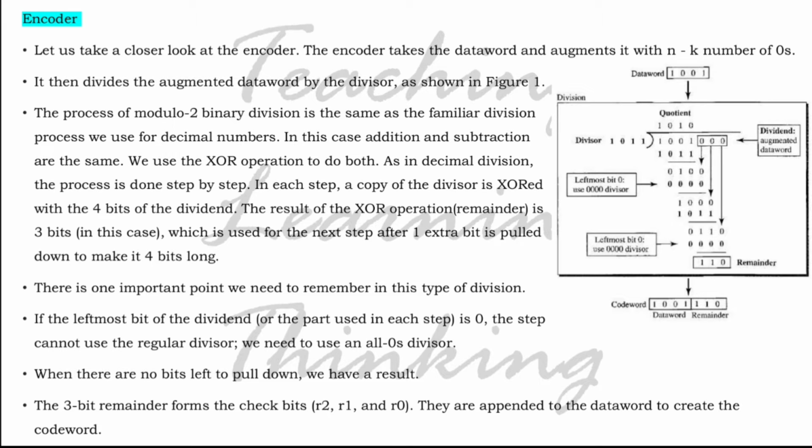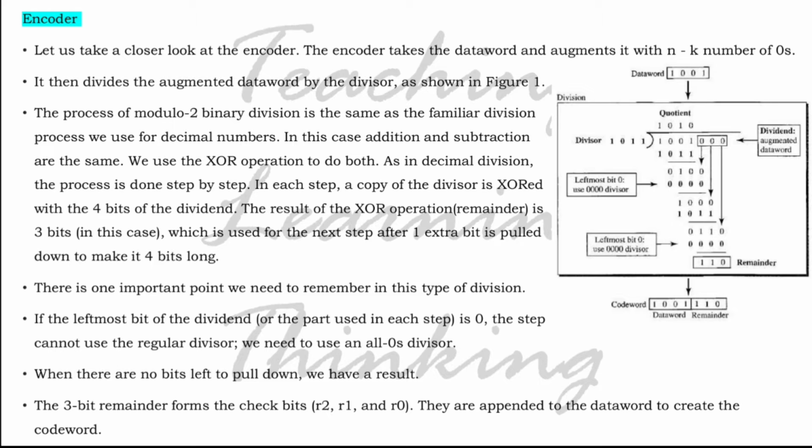So here we are doing 1011. First, addition and subtraction are the same in this division operation.